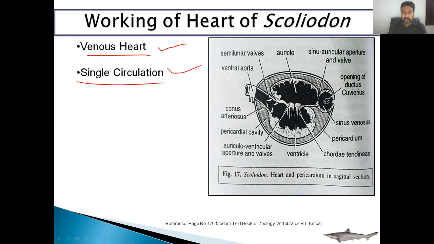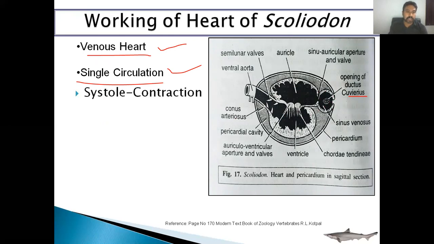As I earlier told you, the sinus venosus and auricle are the receiving chambers, and the ventricle and conus arteriosus are the forwarding chambers. The sinus venosus receives the deoxygenated or venous blood from the ductus Cuvieri and hepatic sinuses. Now there are rhythmic contractions of the heart.